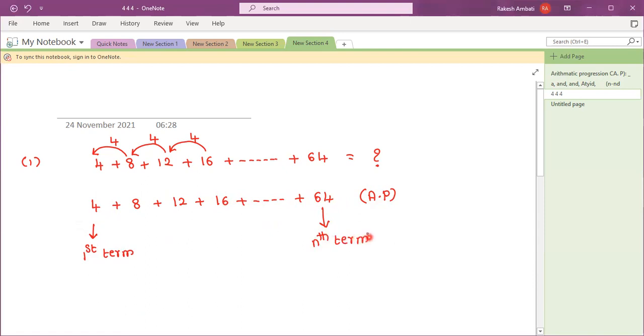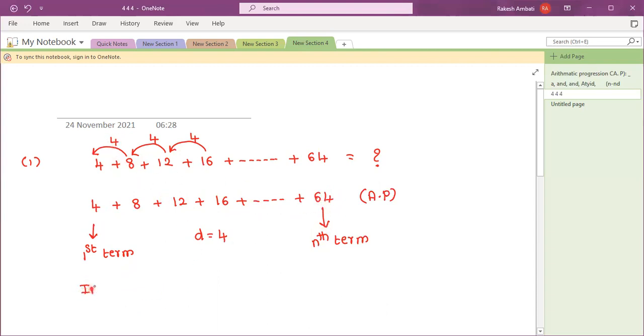What is the difference we got? The difference is equal to 4. So the given progression is in the form of AP.